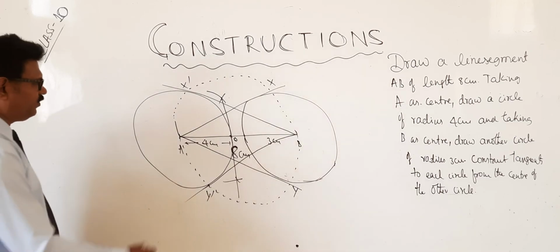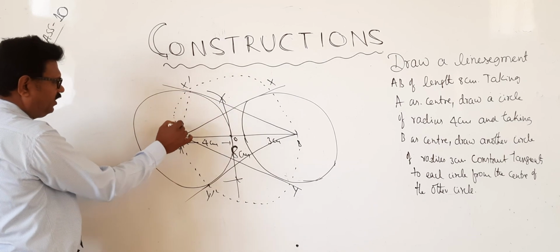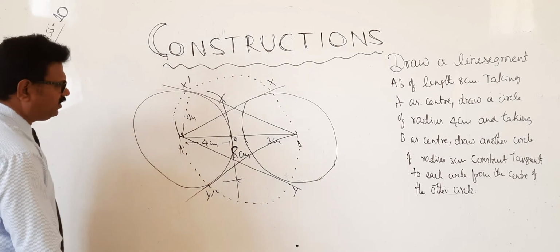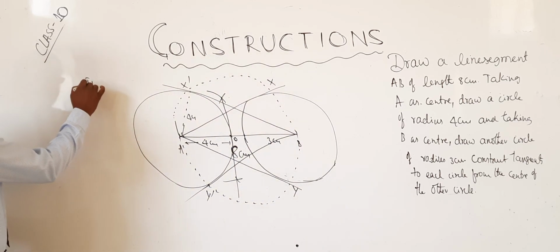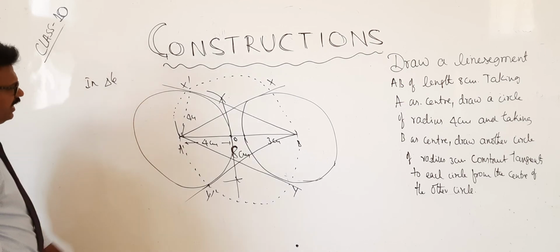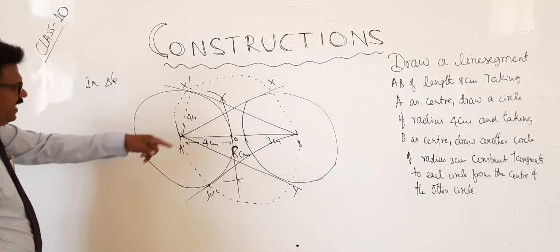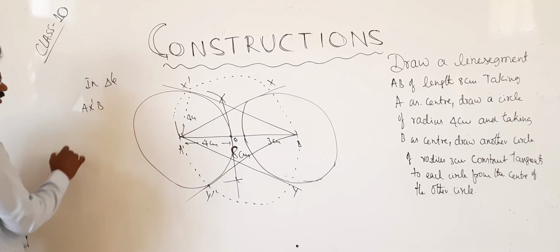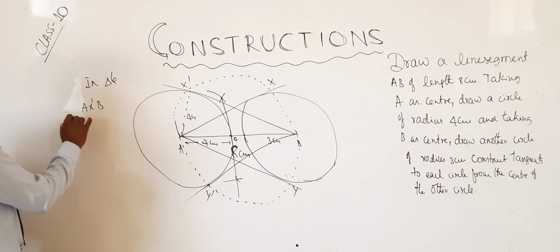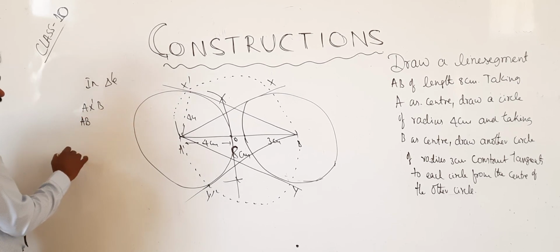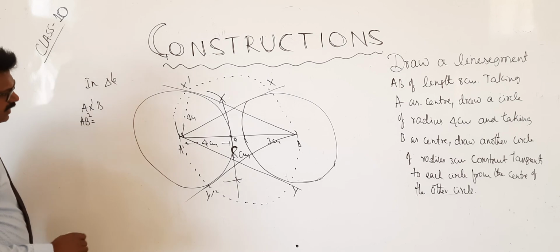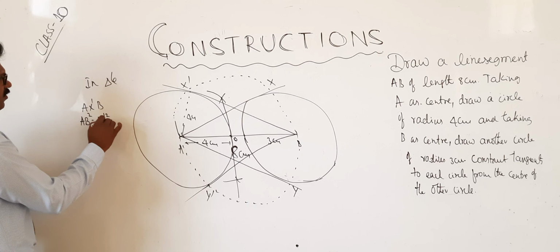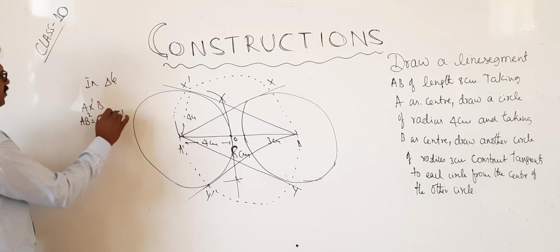You can find it very, very simple. It is 4 centimeters. From here to here it is 8 centimeters. Like this. In triangle X dash, A, X dash, B. Therefore what happened? AB square is equal to AX dash square plus BX dash square.